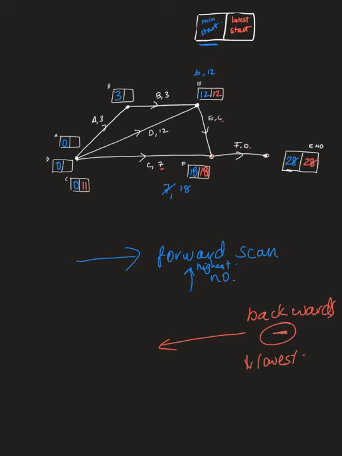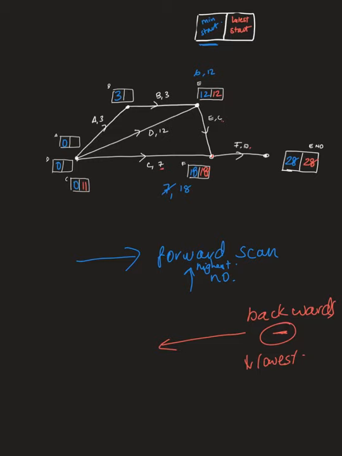And what I'm doing is I'm going in the opposite direction of the line. Whatever vertex I'm at, I take the red box and I minus whatever's on the line in the opposite direction, and whatever letter is on the line, I'm filling it out for that letter or that activity.